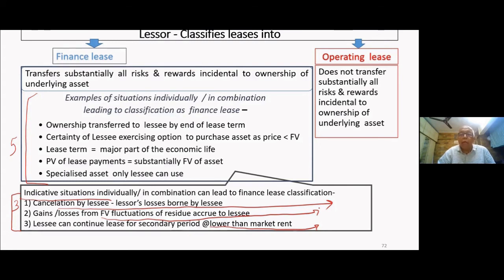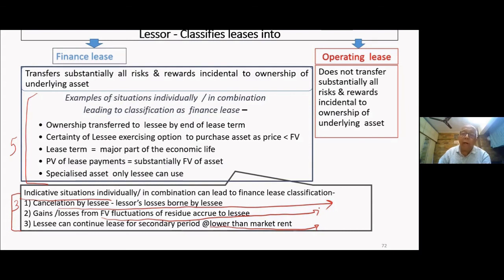So all 100 crores are recovered. Plus, you have the right to continue the lease for a secondary period for, let's say, 1 lakh rupees per annum as against 25 crore. So that is as good as the control is transferred and the full consideration is received. So all the risk and rewards, when they are recovered, that amounts to a finance lease.